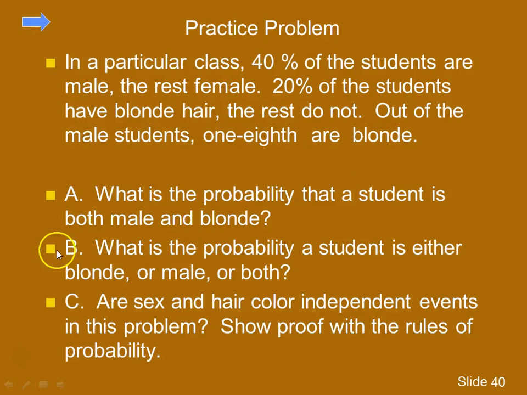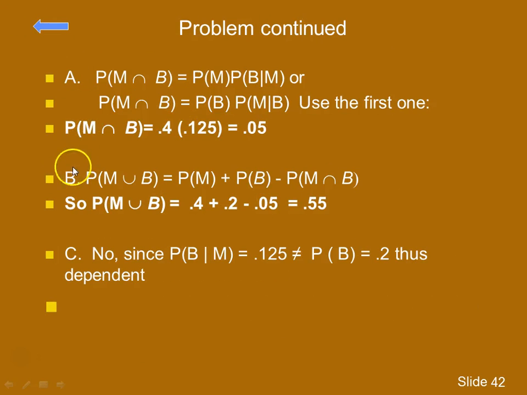Let's go back and do the second part of the problem. What's the probability that a student is either blonde or male or both? You should recognize "either" or "both" as the union of two events. So on part B, we want the union, M union B. Go to your formulas.